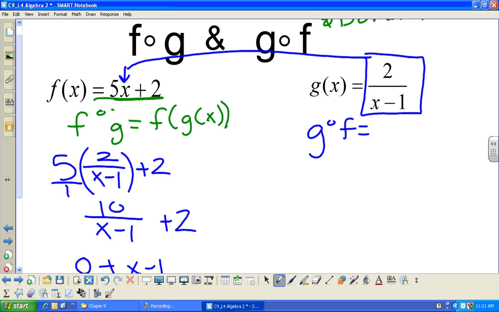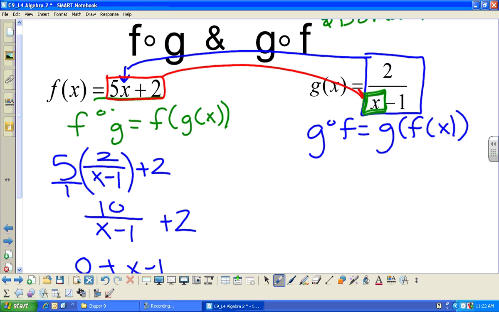Now I also want to find my g of f. My g of f is going to be equal to the function of f inside the function of g. Now wherever I see an x, I replace it with the function of f, this whole thing, in place of that x.